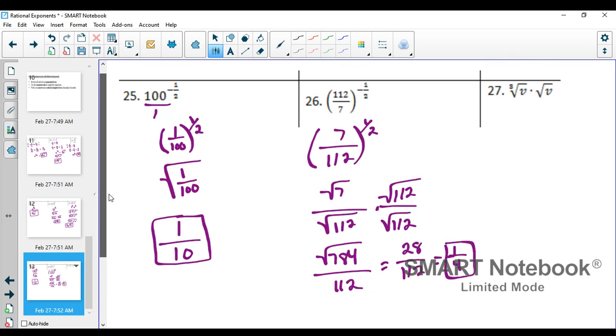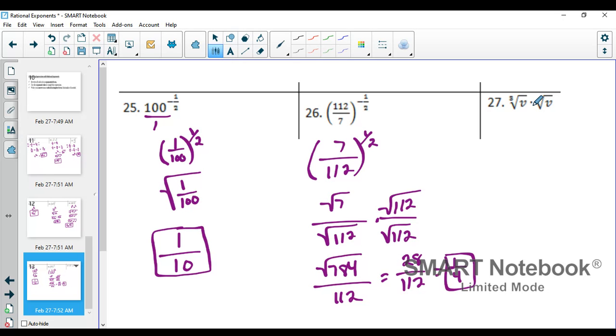All right, our last example, we have the cube root of v times the square root of v. Let's write them in exponential form. So we have v to the 1/3 times v to the 1/2. And now we have problems just like we had several examples ago where we're multiplying something with the same base. So we add their exponents.